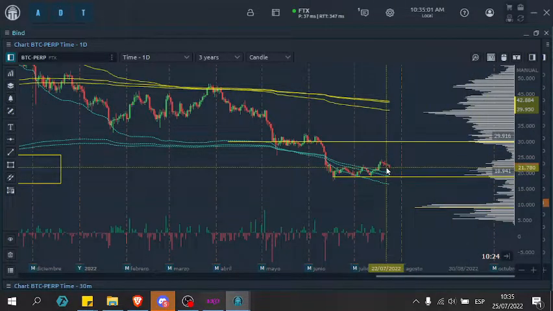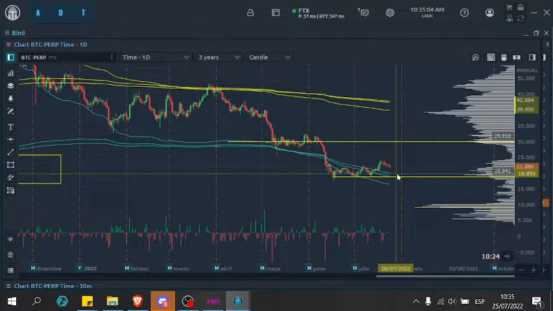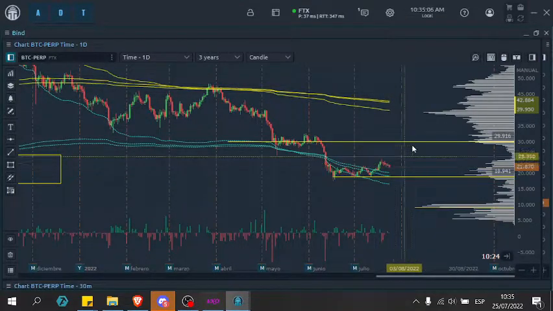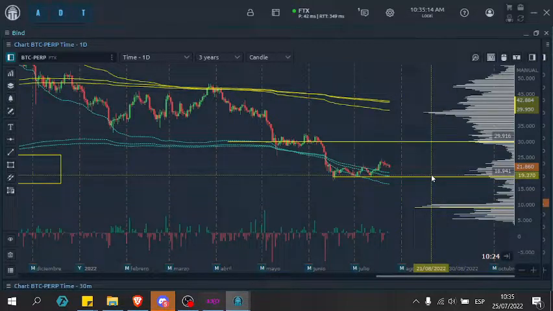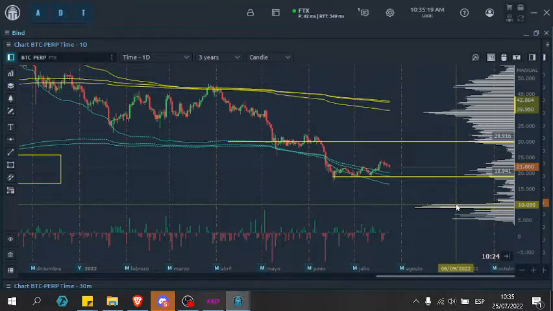In the case that this price fails to sustain momentum and break up, or even if it does and then reverses, the moment it starts to accept below the 29k price level, it is very likely that we directly slip.